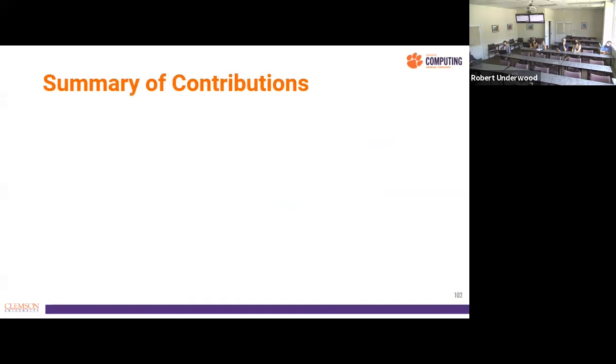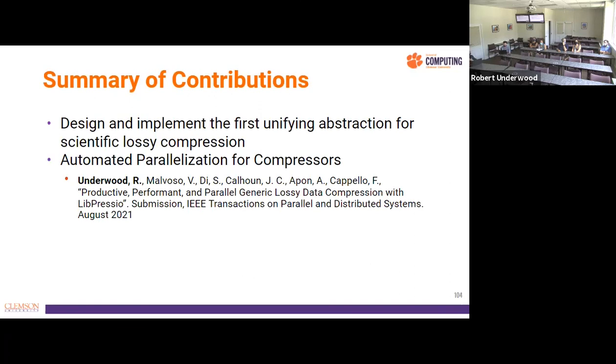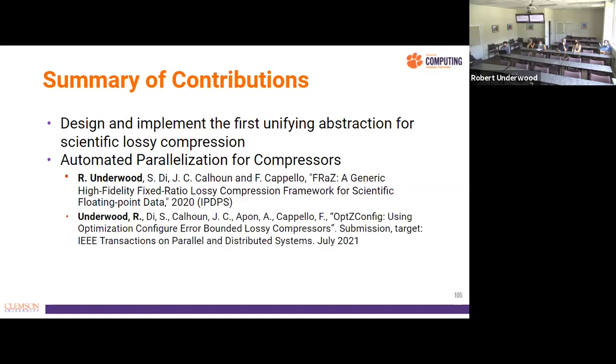So now I'm going to summarize the contributions that I've made over the course of my dissertation. For the design and implementation of the first unifying abstraction for scientific lossy data compression, and for automatic parallelization of compressors, I have this paper in submission to the IEEE Transactions on Parallel and Distributed Systems.